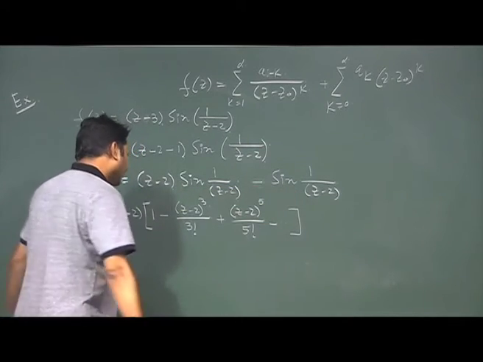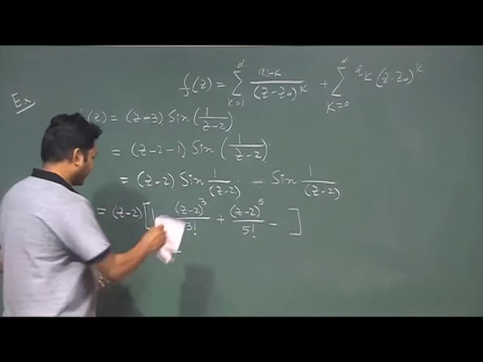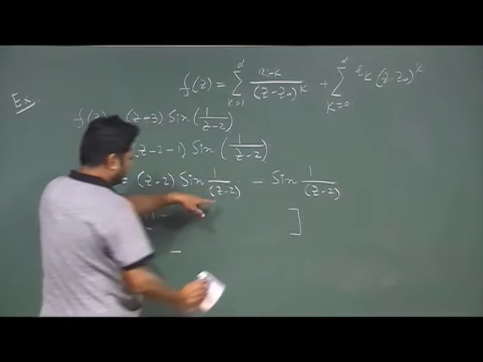Oh sorry, I am making one mistake, it is 1 by (z minus 2).